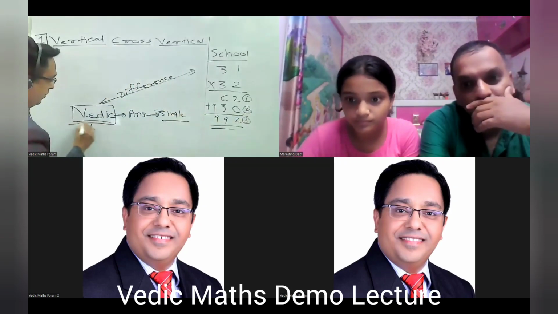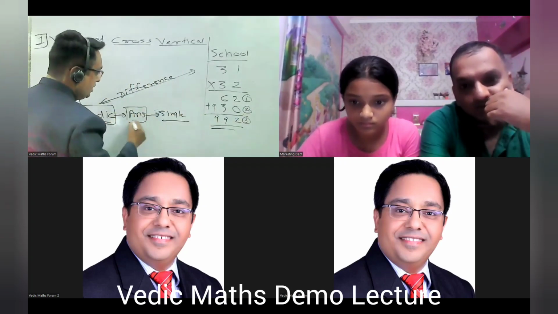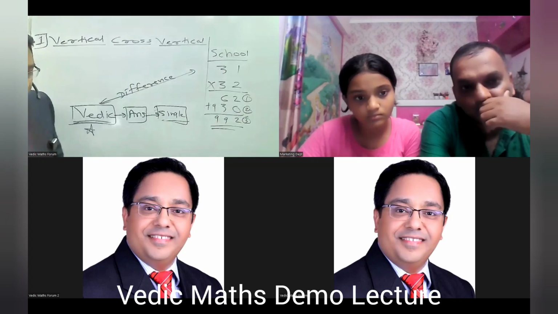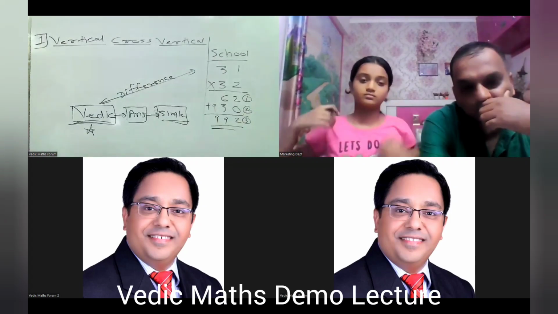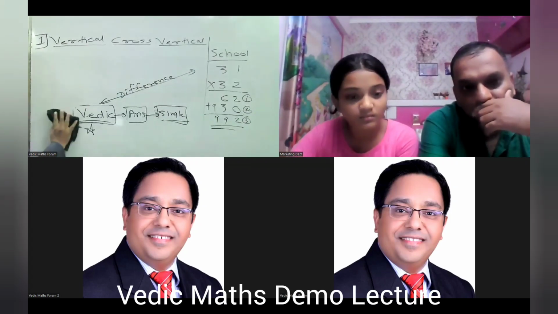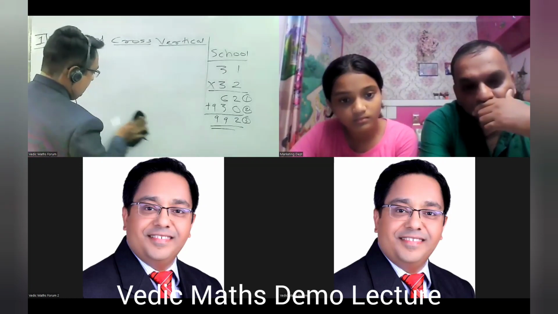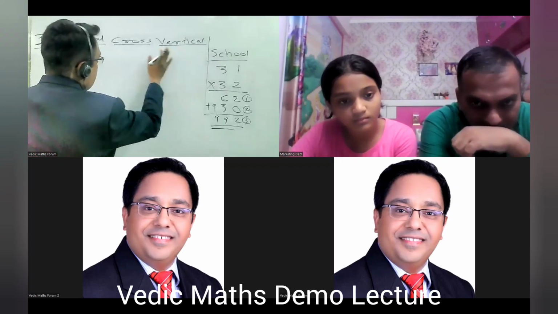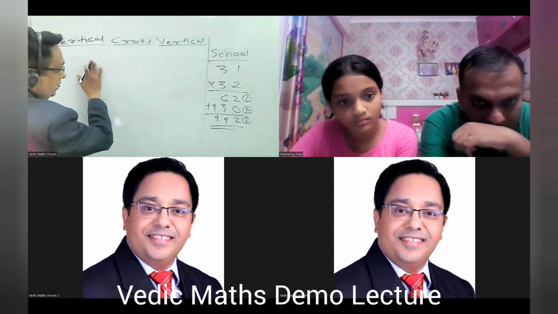But by using the Vedic method, we can write the answer in a single line. So let's learn how to write the answer in a single line. Let's learn the vertical cross vertical method. There are three steps in this method.